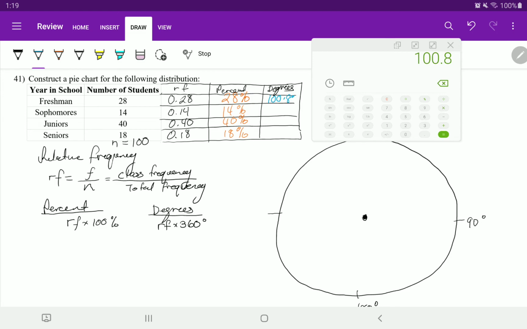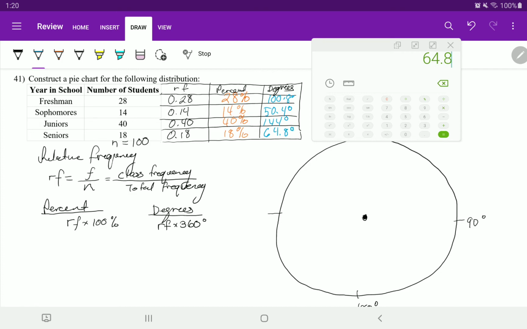Let's continue the same pattern by multiplying 0.14 by 360 degrees. That is going to give us 50.4 degrees. 0.40 times 360 equals 144 degrees. 0.18 times 360 degrees, that's going to equal 64.8 degrees.